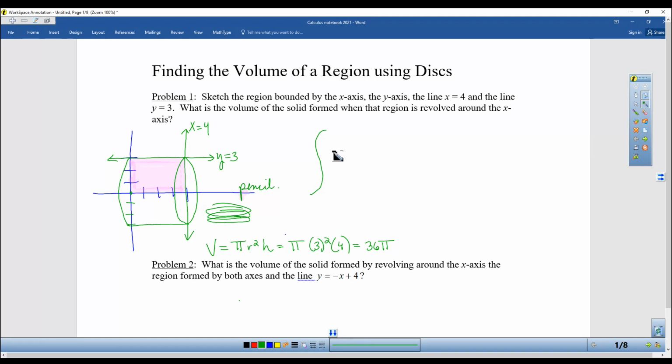What is the area of a disc? Pi r squared. So I'm going to integrate or add up all of these discs. Where are these discs? So these discs are all the way along the length of this. So from 0, I can make a disc, and I can keep making discs until I get to 4. And then what's the radius? The radius is 3. So I'm going to replace this with 3 squared.